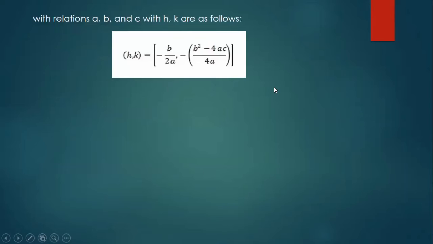The relation of a, b, and c with h, k is as follows: (h, k) = (-b/2a, -(b^2 - 4ac)/4a).